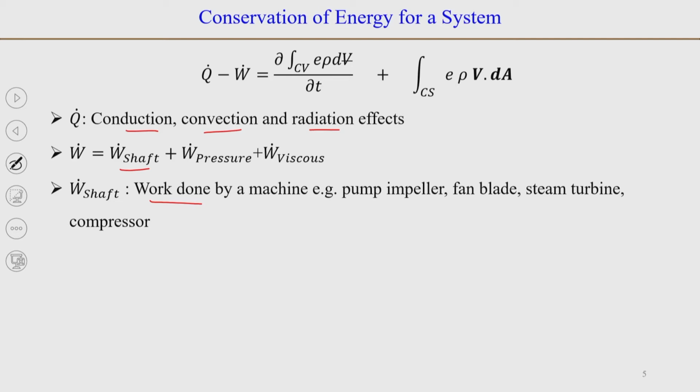Depending on the machine, this shaft work can be positive or negative, work being done on the fluid or work being done by the fluid. So, that will be the shaft work component.